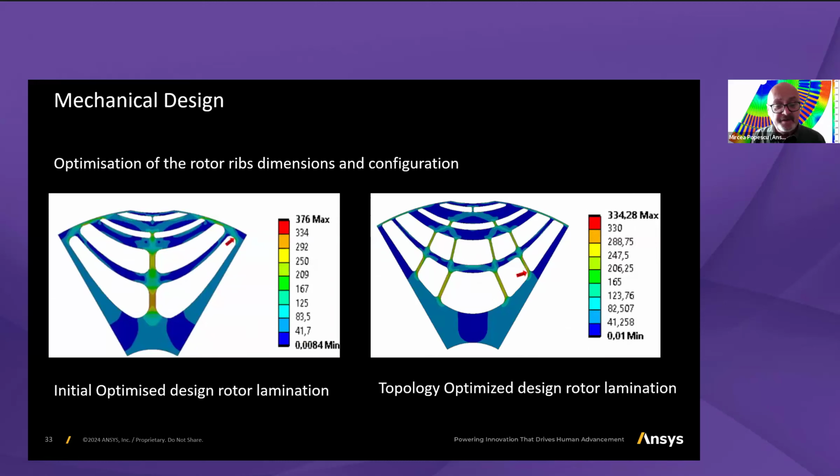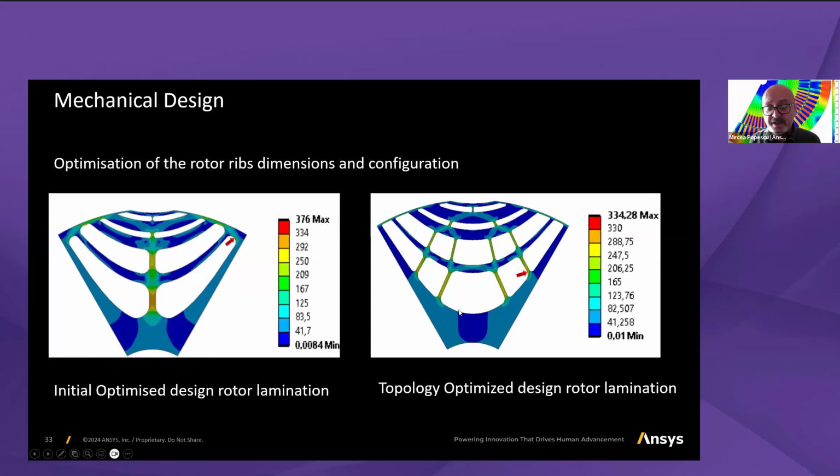And going further from initial optimized design using standard template topologies, one of the new avenues to investigate the improvements of performance for not only synchronous reluctance, but as well for interior permanent magnet machines, for any machines where the rotor structure has to be carefully designed to improve the magnetic, but as well to retain the strength from the mechanical point of view, is the technique called topology optimization.